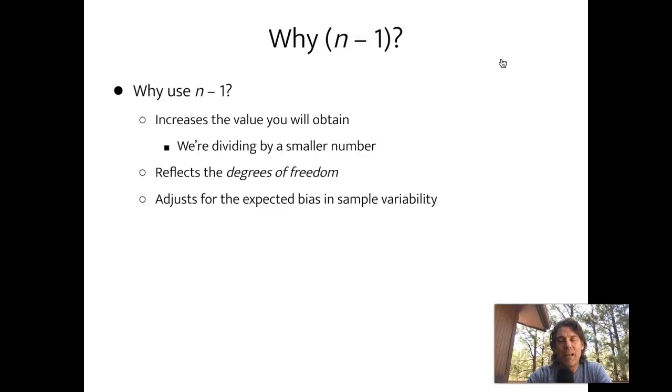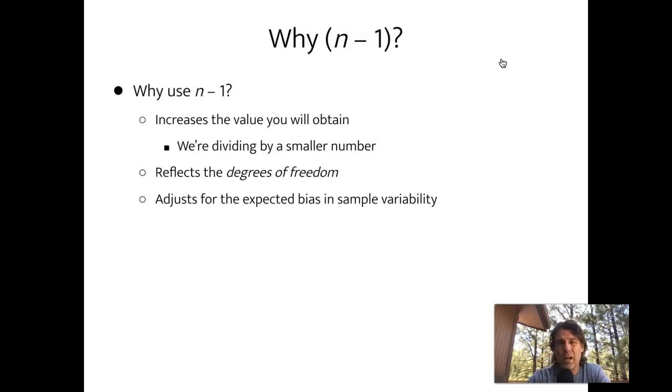So by dividing by the smaller number, we are essentially artificially inflating the size of the variance. Because samples tend to underestimate, we should inflate it, essentially. And so that's one reason: it's just a mathematical thing, and it's accounting for the fact that samples tend to underestimate.